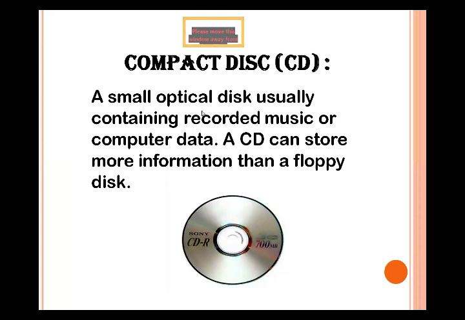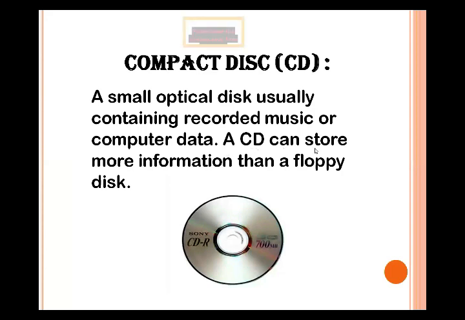Now, what is next? CD. CD is also called a compact disc. The complete name of CD is compact disc. A small optical disc usually containing recorded music or computer data.